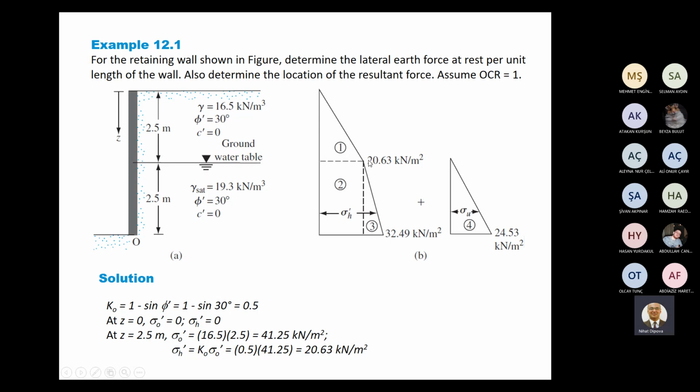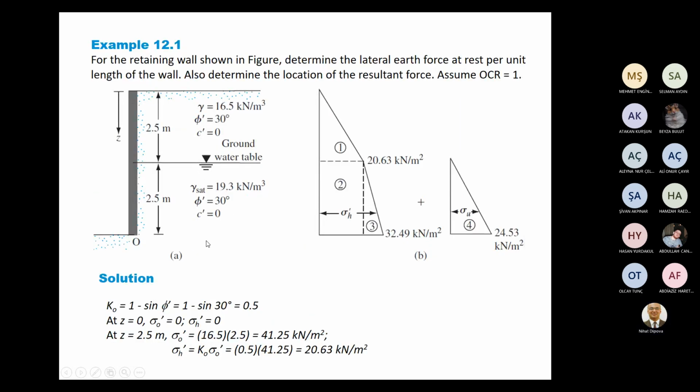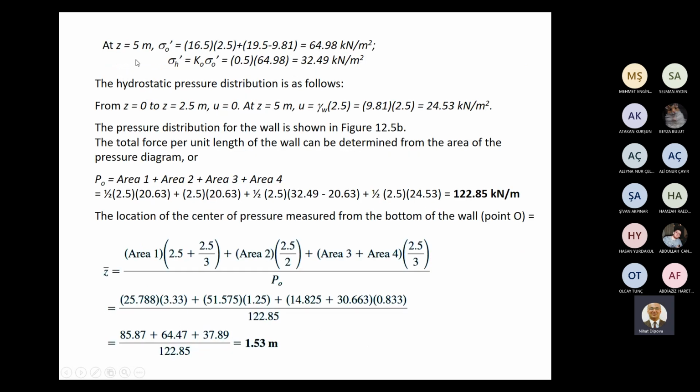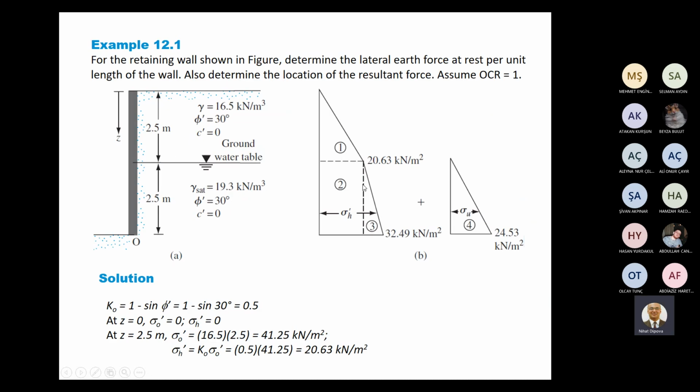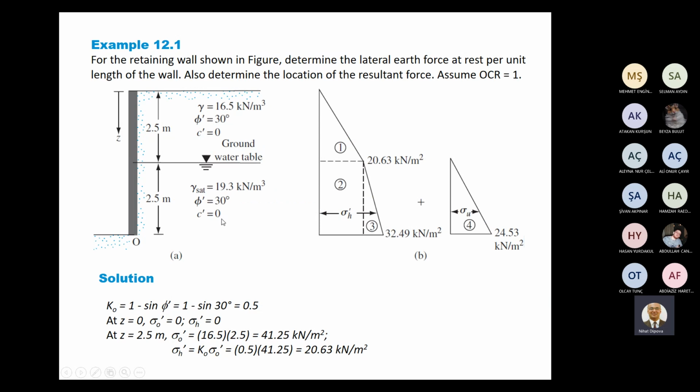Now this is horizontal stress. We can put here 20.63. And for the second layer, down to depth 5 meters, the stress due to the first layer will continue as rectangular distribution, this component, and stress due to second layer will be affected by groundwater table because it's under the groundwater table.